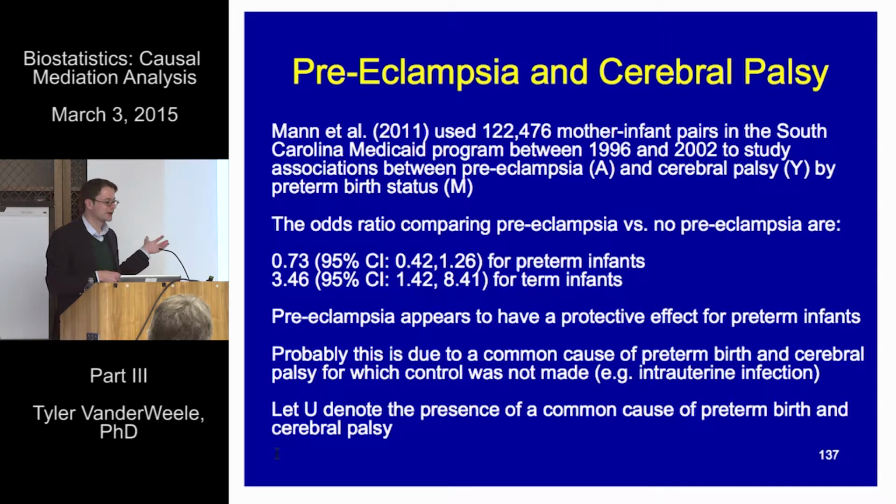And here, there were actual potential scientific explanations for why one might have a protective effect of preeclampsia on cerebral palsy in the presence of preterm birth. So maybe this protective effect is real, but it could also, once again, be due to a common cause of our intermediate and outcome, a common cause of preterm birth and cerebral palsy. Something like intrauterine infection, for example, might well affect both. Control for that wasn't made.